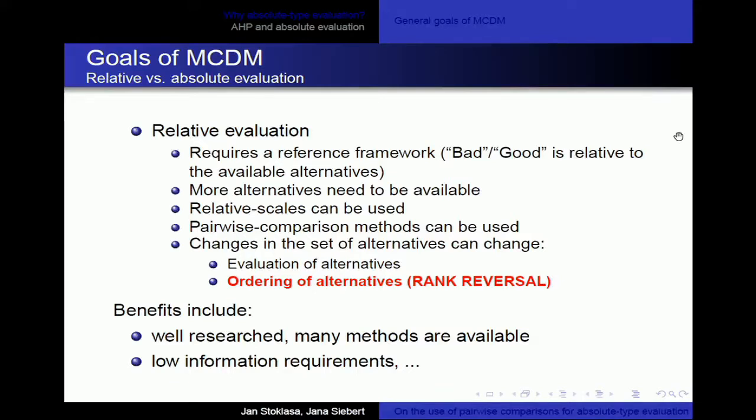One very well-known shortcoming is that unless your set of alternatives is finite and doesn't change, every change in the set of alternatives, or in the evaluations of the alternatives, can change everything: the ordering, the evaluation of the other alternatives, the decisions based on those values, and so on.